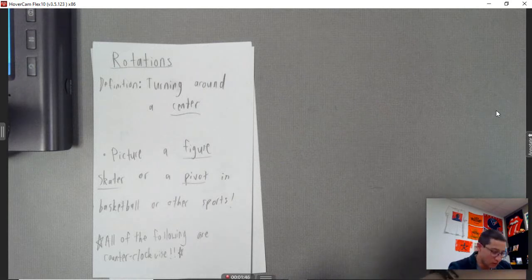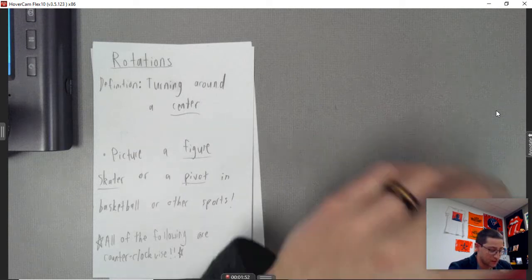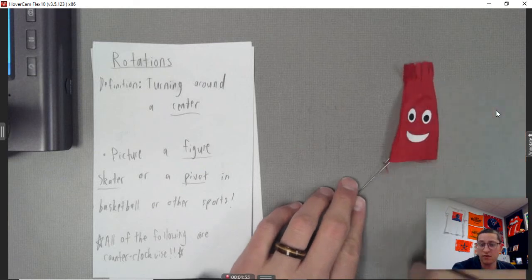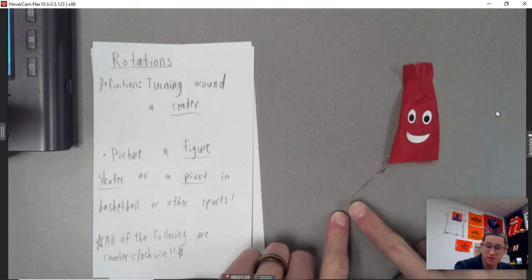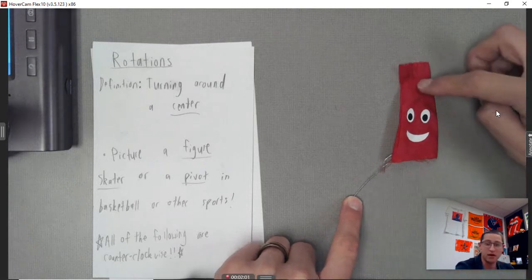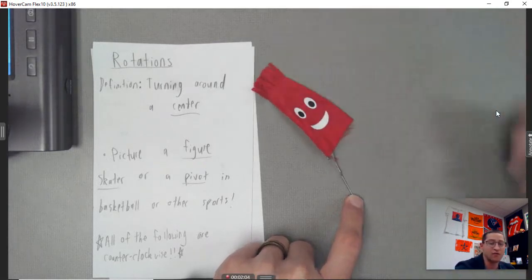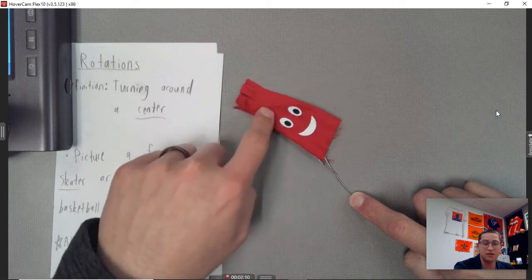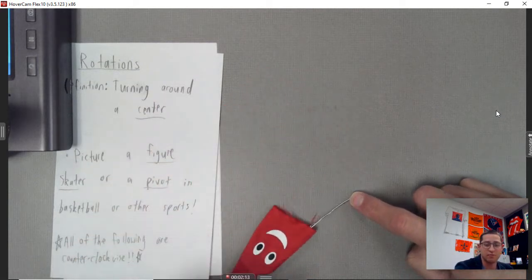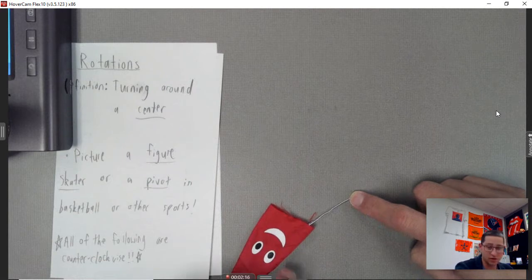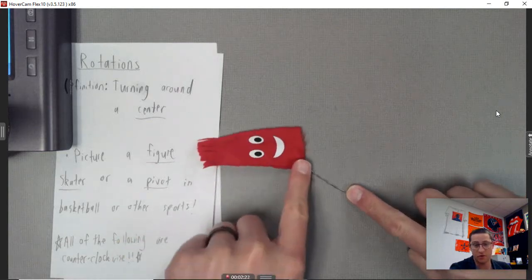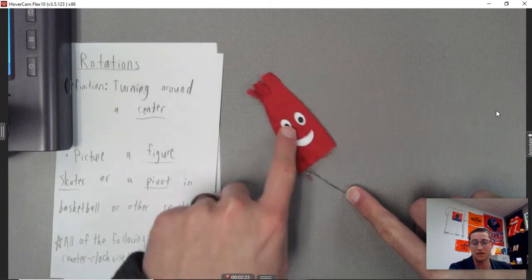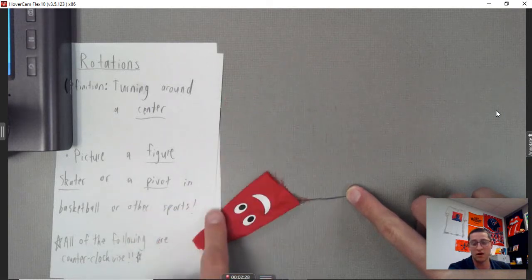But a different example, and more similar to what we're going to be seeing, is something like this, where this is our center of rotation. We hold that point, but then rotate this guy around. That's also an example of rotation, as long as you're keeping that point. This time the center is just here, the end of my paper clip. That's another example of a rotation, and this is the type of rotation that we will be working with in the coordinate plane.